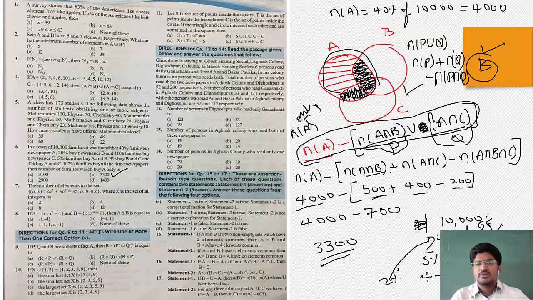N of this is nothing but P, Q, P intersection Q. So, this will give you the correct idea of question number 6, that is option B is the correct answer, that is 3300. So, let us go for the next question, that is the 7th one.